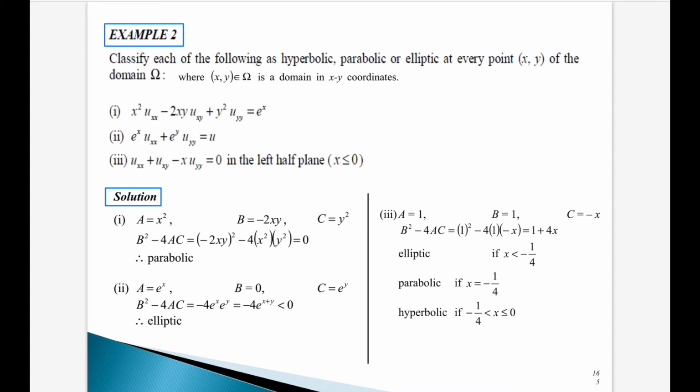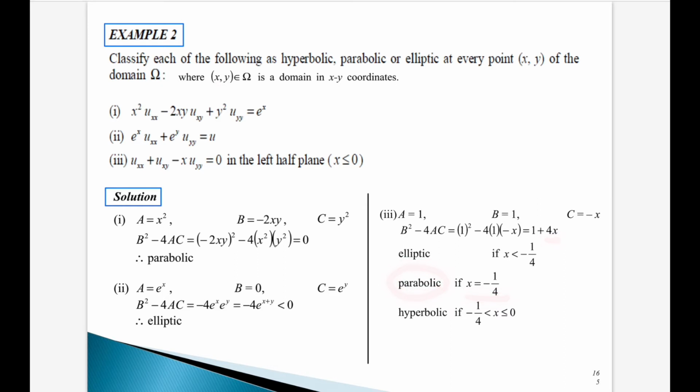Okay, why? Because if you substitute this value into this, you will get b squared minus 4ac less than 0. So it will be elliptic. And if you substitute x equal to -1.4, here you will get equal to 0.